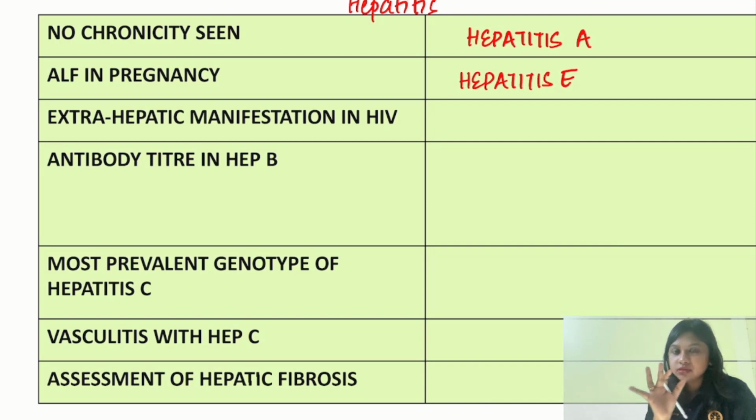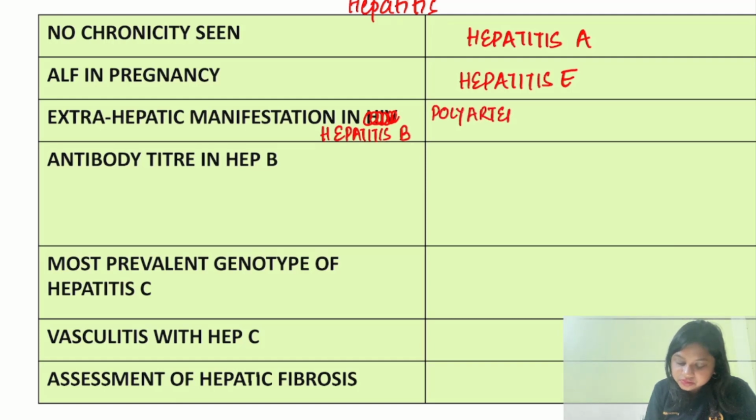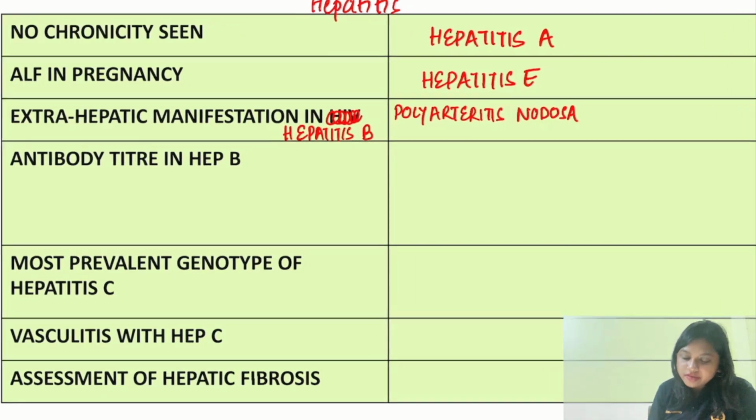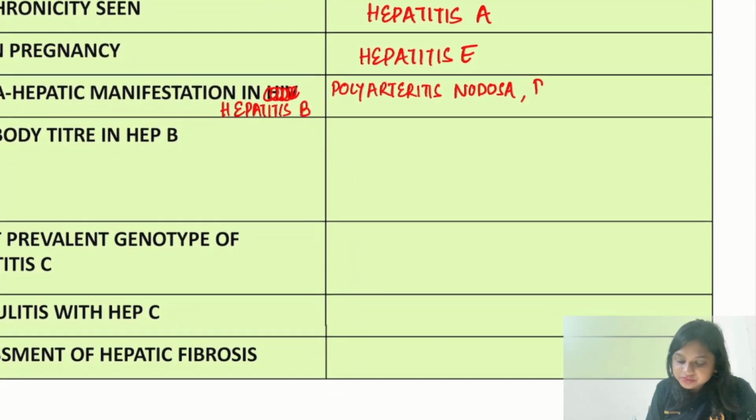There is no B. Now these are the extrahepatic manifestations of hepatitis B. We'll have vasculitis, that is polyarteritis nodosa. We can also have polymyalgia rheumatica.